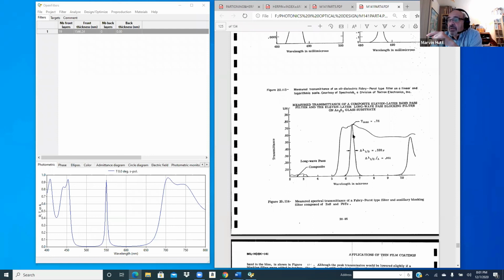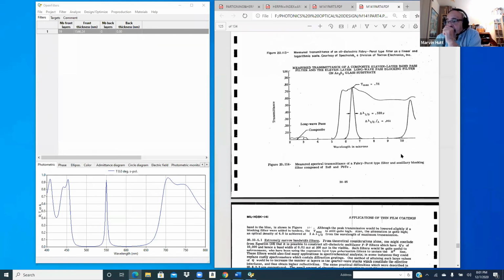And here is the passband, and this is the other layer of the other coating, which comes up at 10 microns. So we end up with almost nothing between 2 and 9, with a little bit of leakage at 10, okay? So it's a composite filter, bandpass and long pass on glass to kill the blue.